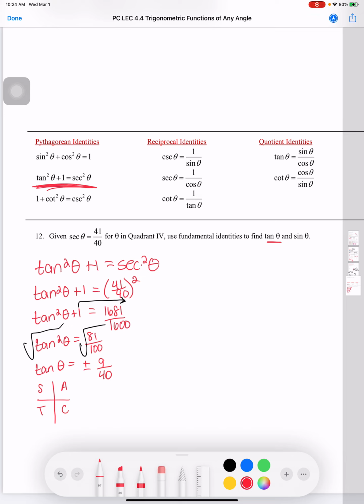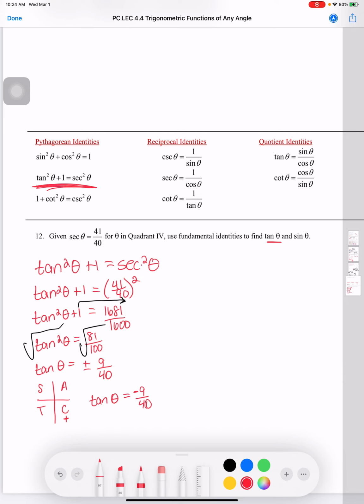In the fourth quadrant, the only function that is positive is cosine, so tan is negative in the fourth quadrant. While the square root gives me a positive and negative solution, because I'm looking for the tan that falls within the fourth quadrant, I have to choose the negative one. So tan theta is negative 9 over 40 because of the quadrant we fall in. Okay?